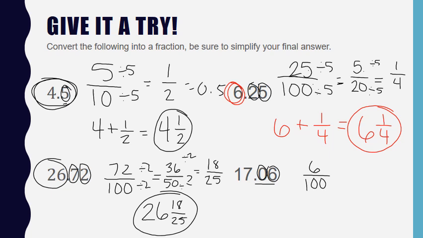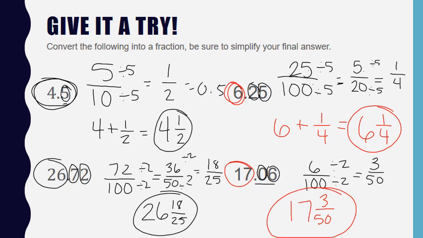They're both even numbers, so I can simplify. 6 divided by 2 gives me 3. 100 divided by 2 gives me 50. I cannot simplify anymore, but this is not my final answer because we have the whole number in front. So my final answer is 17 and 3/50.